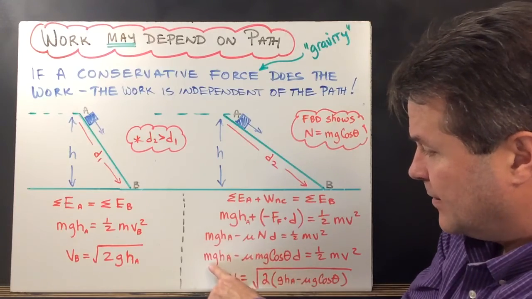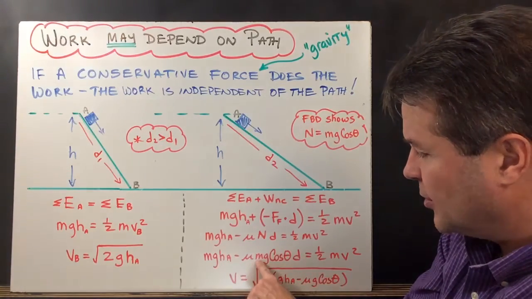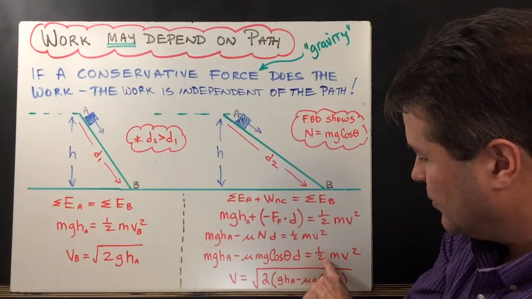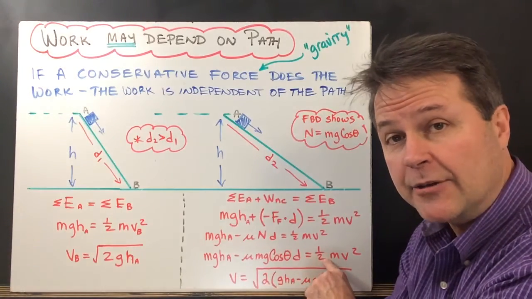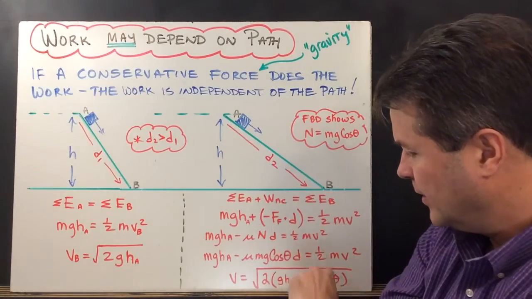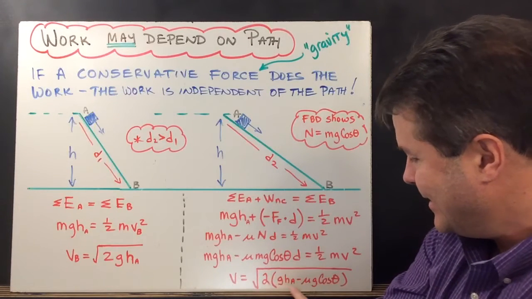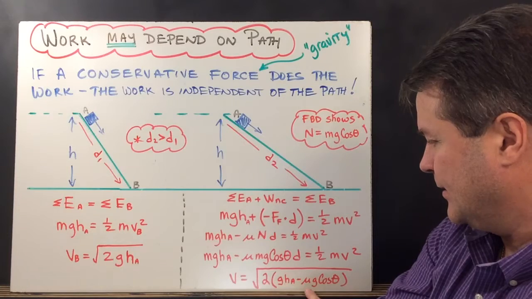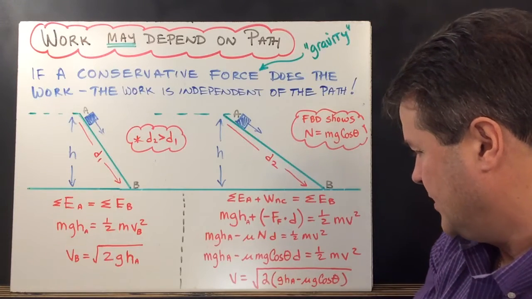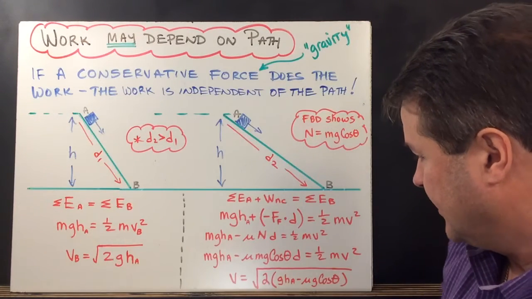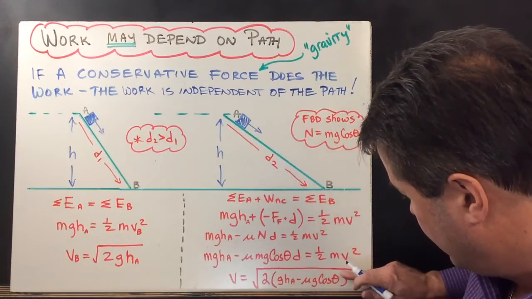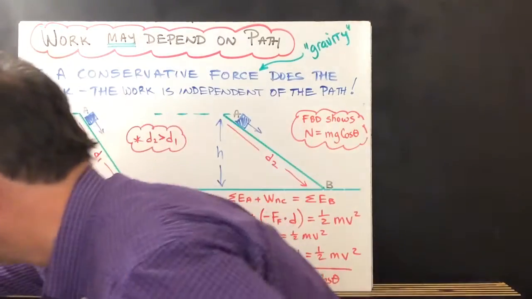So again, mgh minus the work done by friction is equal to the kinetic energy at the base of the hill. If we rearrange this, we see that the velocity is dependent upon the distance, which I failed to add here. So I'll just squeeze that in.